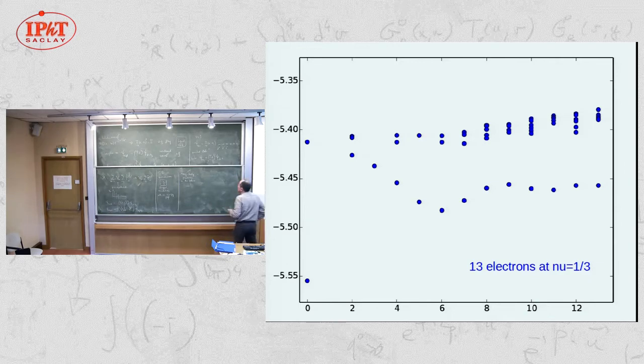So finite area, there are two popular geometries, one which is the sphere and the other which is the torus, which means periodic boundary conditions in the two directions, which is a bit tricky with a magnetic field because you cannot really have periodic boundary conditions in the two dimensions. So I will not spend much time explaining this. On the contrary, I will use a lot the spherical geometry, which is conceptually very nice.